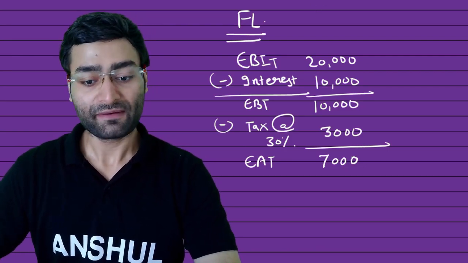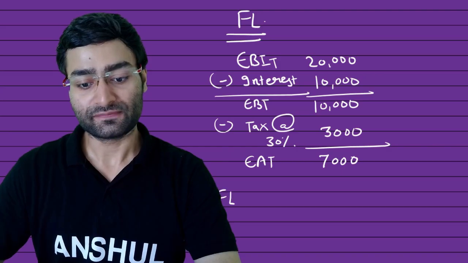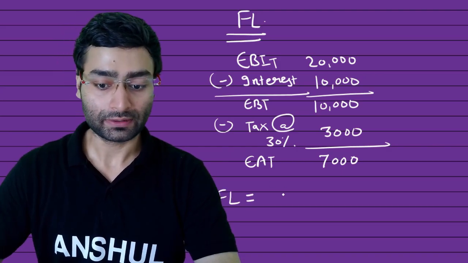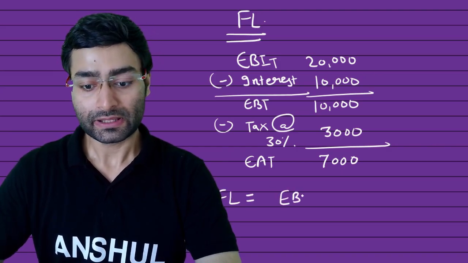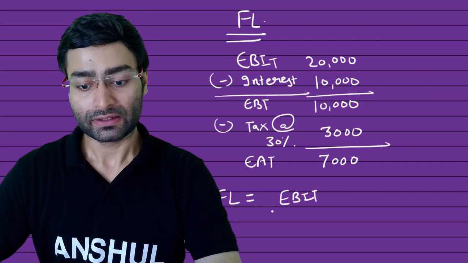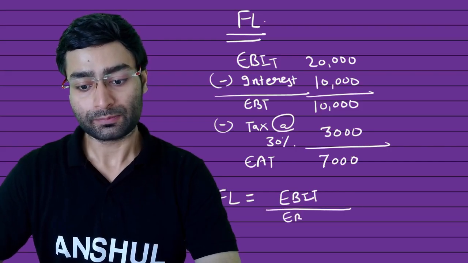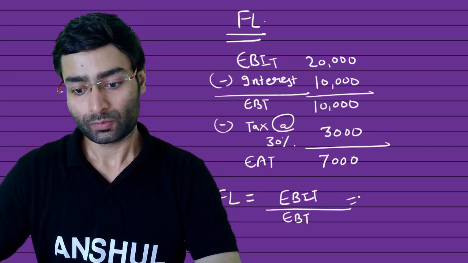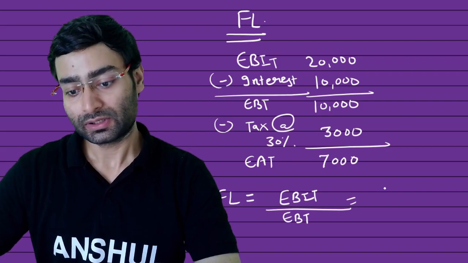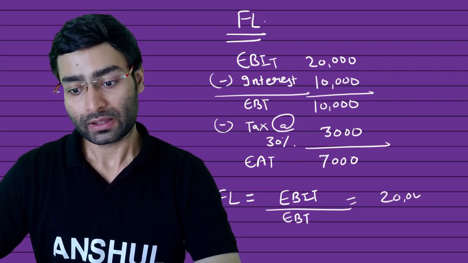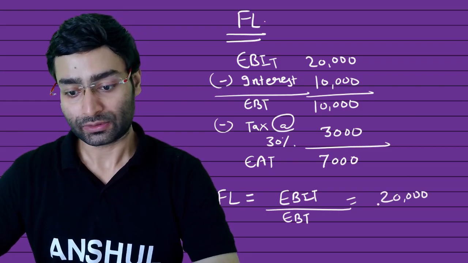Now, if I have to calculate the financial leverage, the formula is EBIT divided by EBT. What is EBIT in our example? 20,000, and EBT is 10,000.